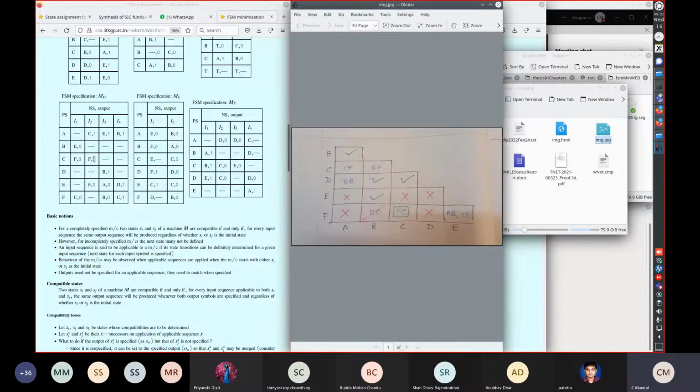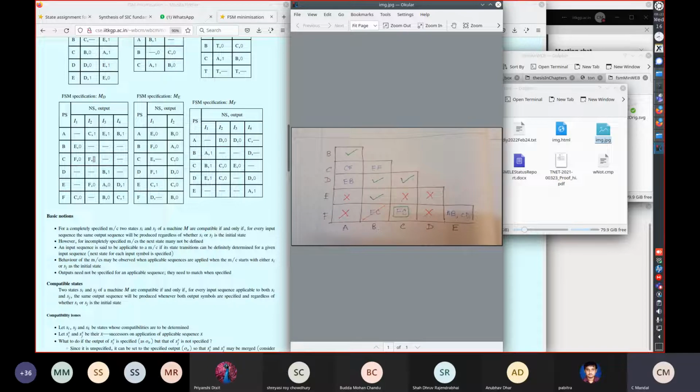Then what about AD? AD will depend on BE or EB. All right. And AE apparently has a conflict, yes. And AF also has a conflict, right?